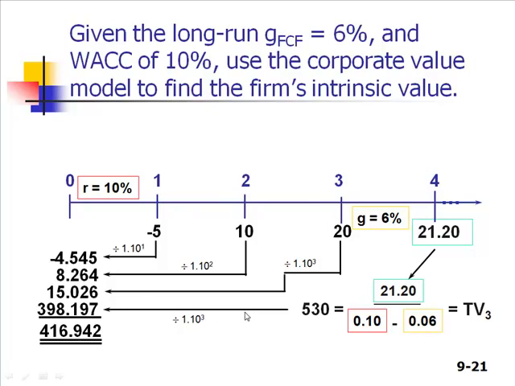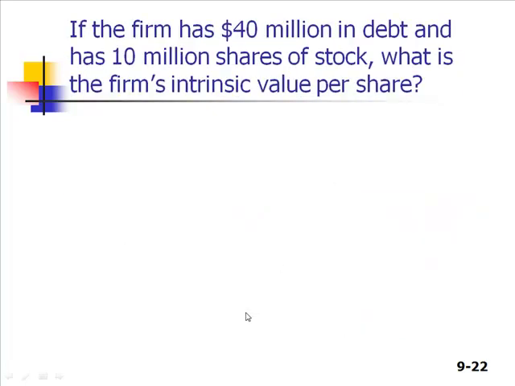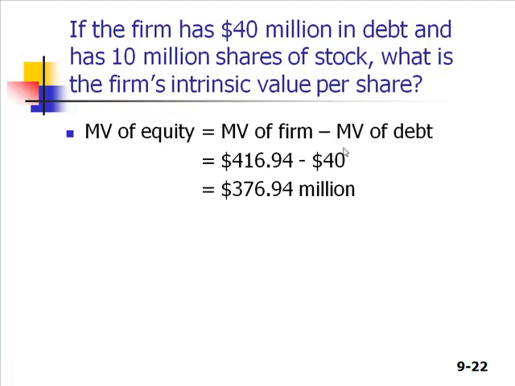That's the hard part. The next two steps are pretty easy. It says here, if the firm has $40 million in debt and 10 million shares of stock, what is the intrinsic value per share? In other words, what's it really worth? The first step would be to subtract off any debt that the company has and any preferred stock.